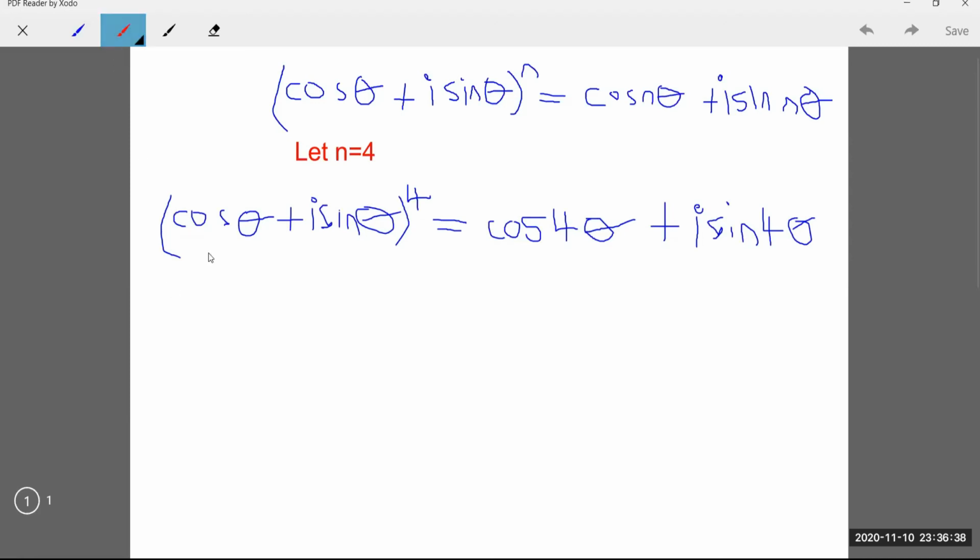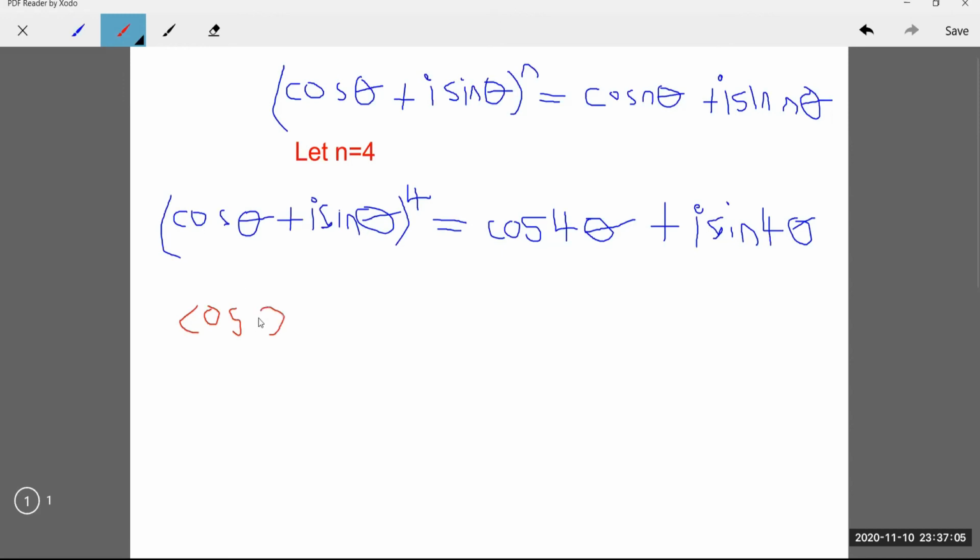I'm going to do it in red. Expanding the bracket on the left-hand side, we're going to need to know Pascal's triangle. It makes it easier. If you don't know Pascal's triangle, you'd have to multiply this by this by this by this, 4 times, but that's going to take too long.